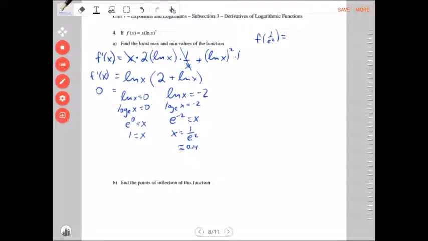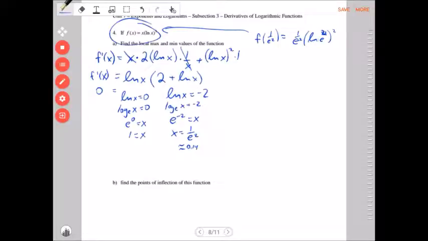Okay, so when you put that into the original function, that's this guy over here. So 1 over e squared times ln, put the negative 2 back in there, ln of e to the negative 2 squared.